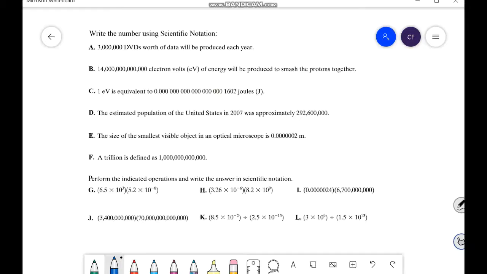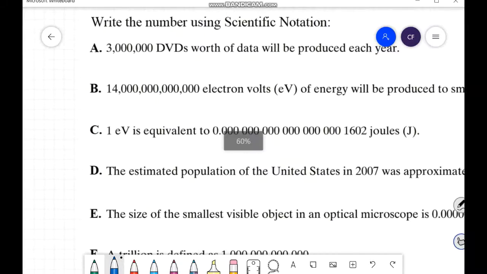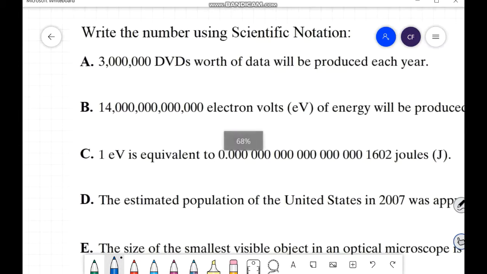Let me see letter A as an example. Represent this using scientific notation: 3 million DVDs. So we have 3 million. The first thing you have to do is identify the point. The dot is here, after the last zero, right?